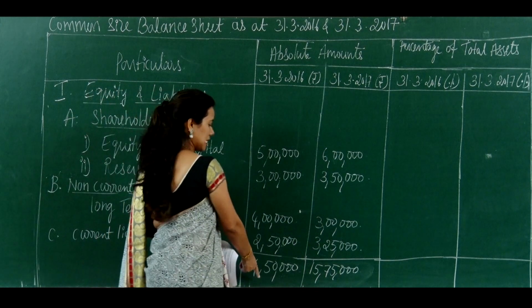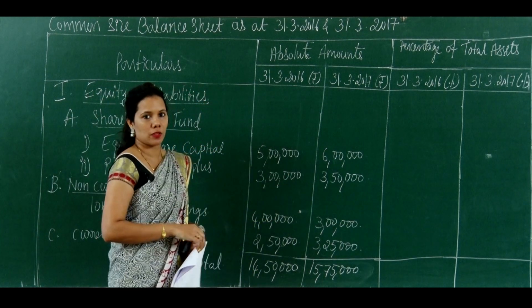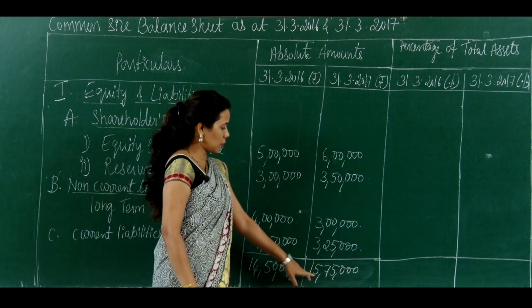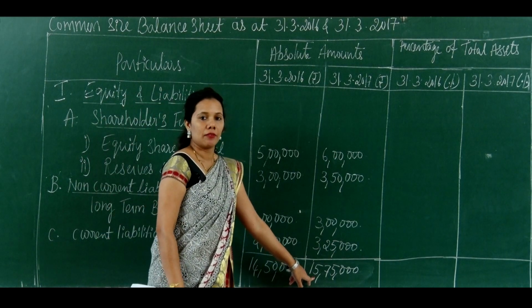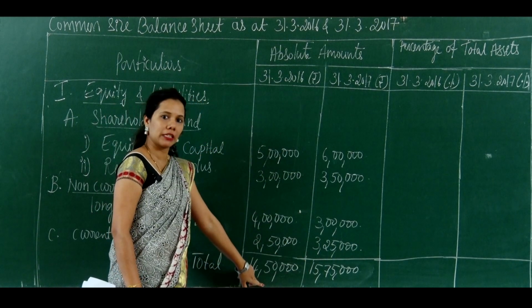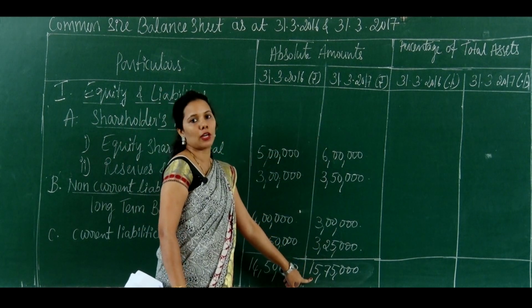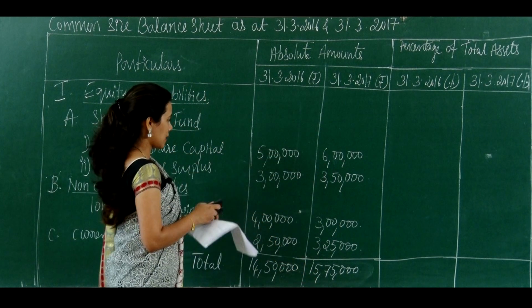So, you can consider this as the base in order to convert each amount into percentage. For 2016, 14 lakh 50,000 is the base, and for 2017, 15 lakh 75,000 is the base. So, we can start converting.